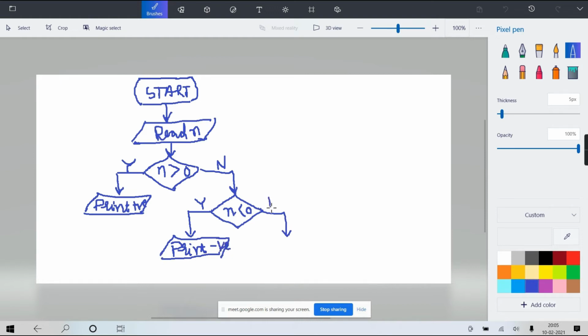But if it is not even less than 0, it's not greater than 0, it is not less than 0, means it is 0. So here I'll print it is 0. But after doing all this printing, we have to come to a logical stop. To understand, this is your stop.